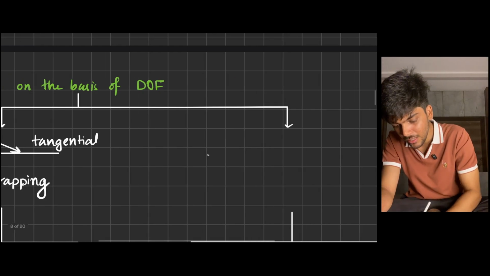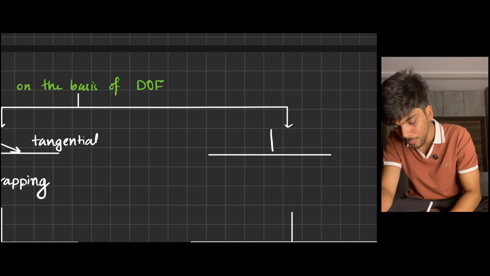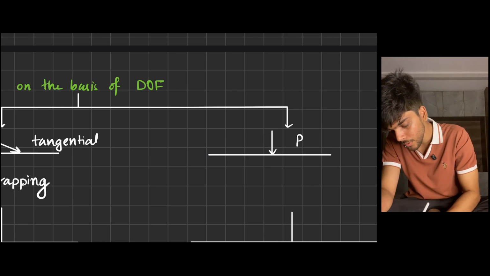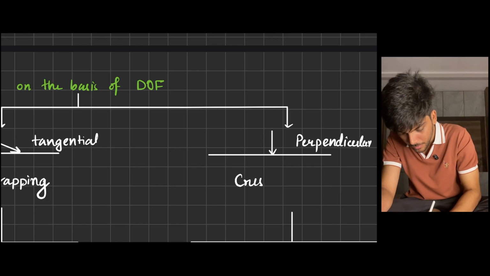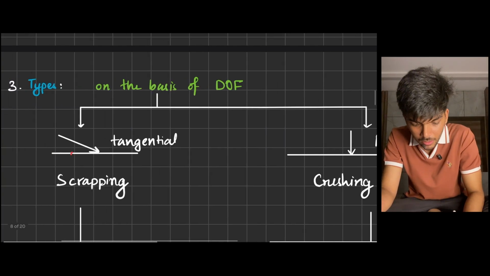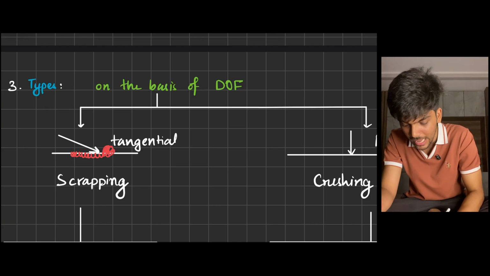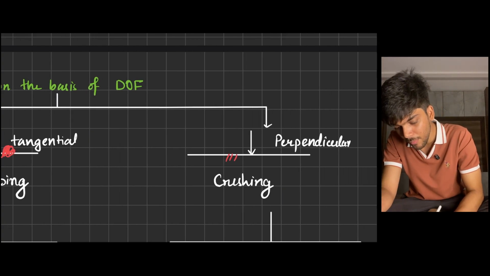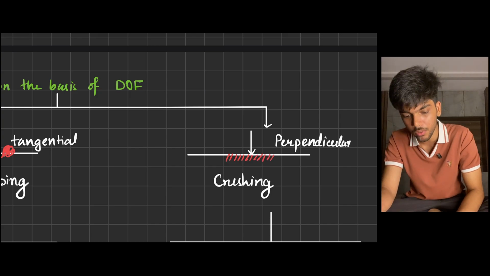If the direction of force is perpendicular to the epidermis, then we get crossing abrasion. So in scraping abrasion, the epithelium gets scraped to one end, forming an epithelial tag, and in crossing abrasion, the epithelium gets crushed by the perpendicular force.